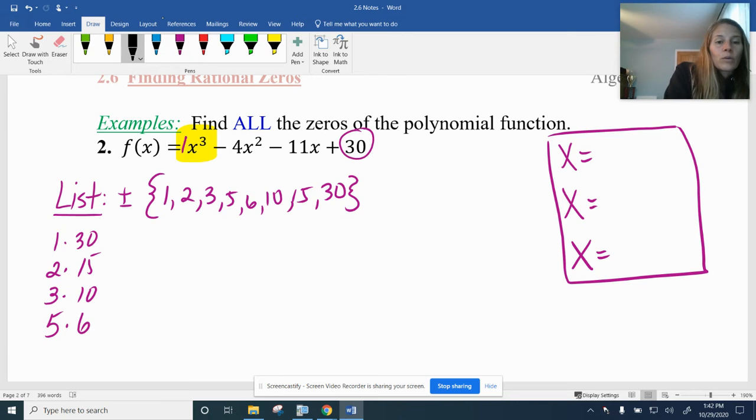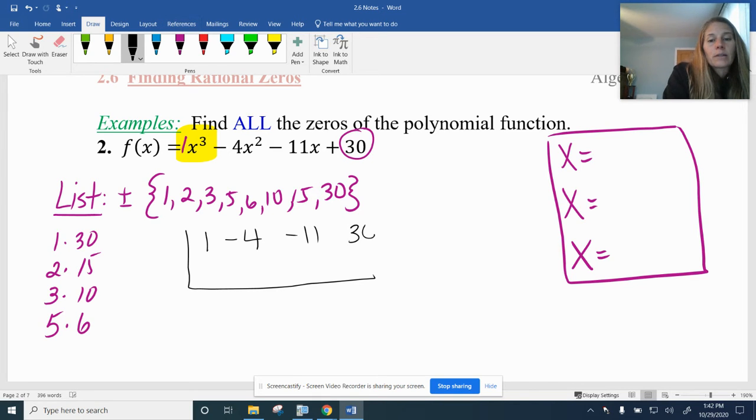So now we're going to write our synthetic division grid out. So +1, -4, -11, and +30. And we're just going to attempt to divide out one of these numbers. So let's say I try 4. Actually, I'm going to do -4 just to try negative.